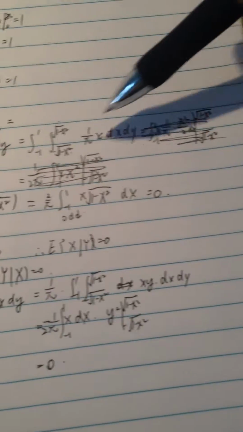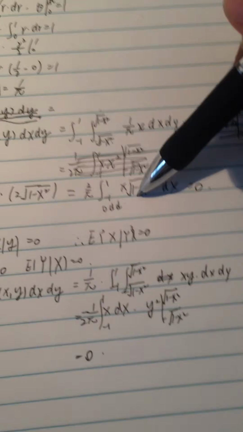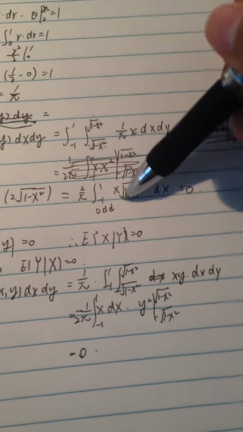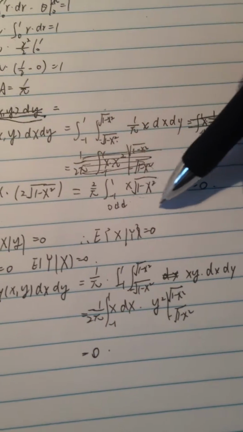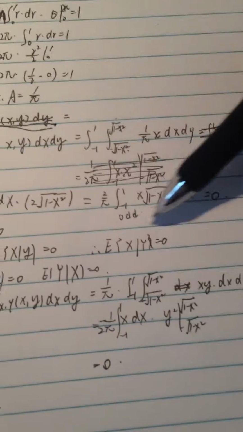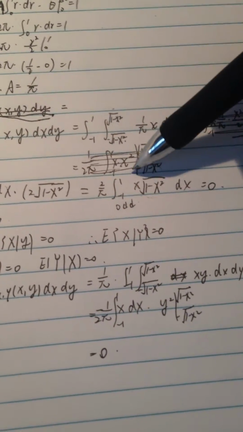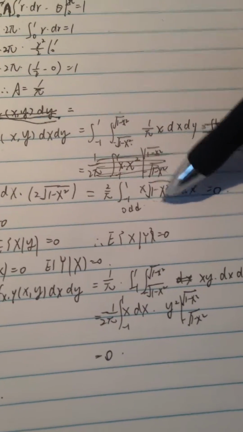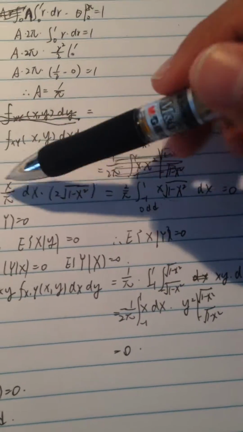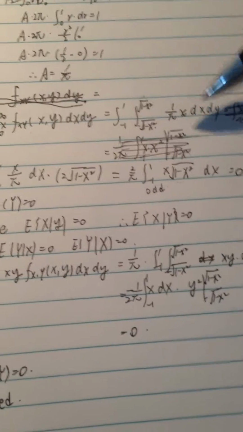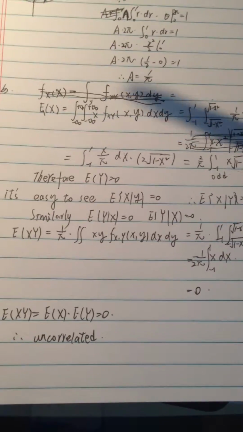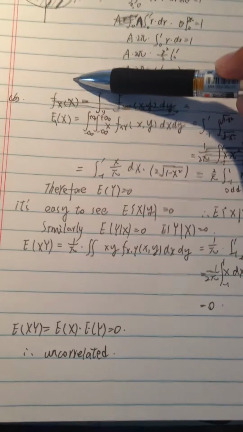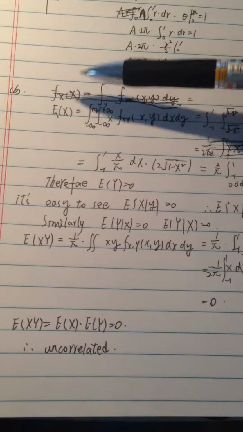After this integration, we found that this is an odd function. So we don't need to compute the integration, because it is an odd function, so after the integration this equation must be 0. So it's much easier. And this is the expectation of x, which equals 0.